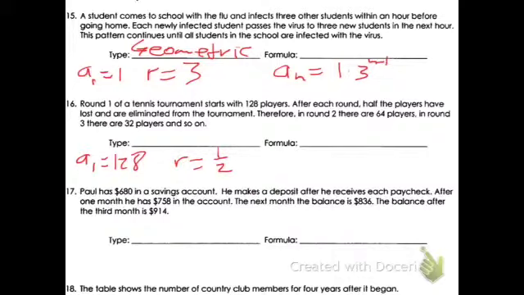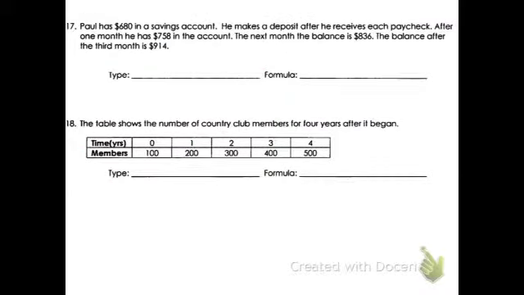So this one's a geometric one as well, because it's got that halving property. And the formula is going to be the same basic shell there, 128 initial value times your common ratio to the n minus 1 power. It looks like that.